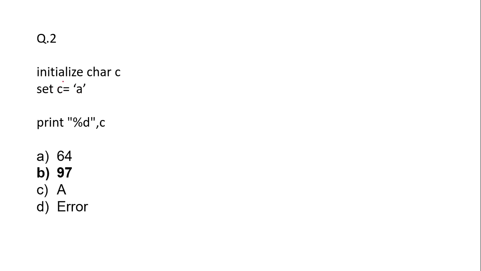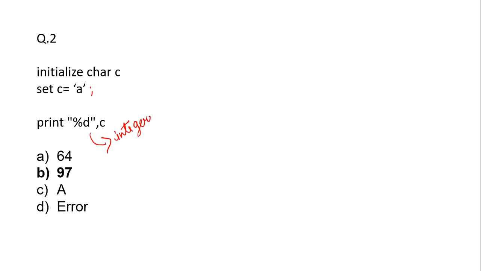Here's our next question. Here we have initialize char C, set C equal to A, then printf %d C. First of all, this is a pseudocode, so don't ever think that it is an error because we are not using a semicolon or any such thing. It is a pseudocode, not a program. What is happening here? We are initializing a character C, and then we are storing the character A inside C, and then we are using this %d to print C. Now we use %d to print an integer value.